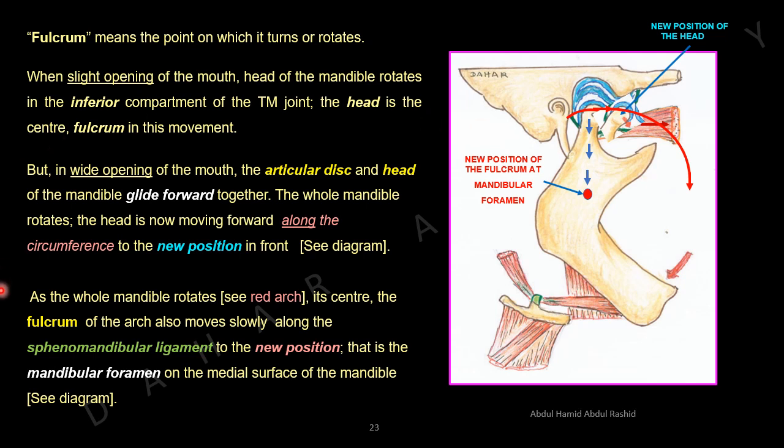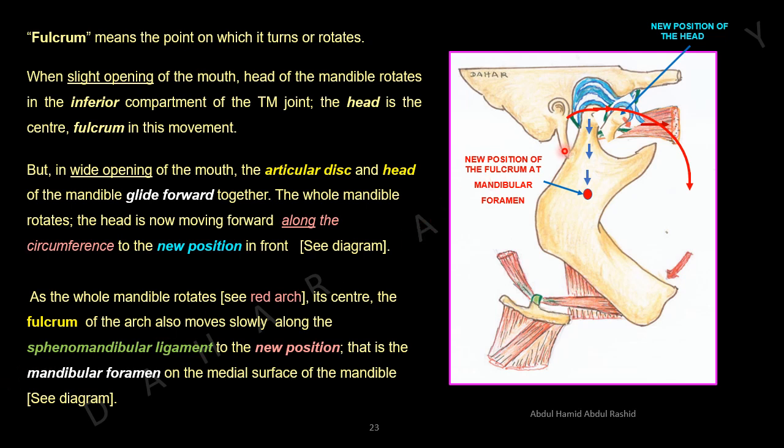As the whole mandible rotates, see the red arch, its center, the fulcrum of the arch, also moves slowly along the sphenomandibular ligament to the new position, that is the mandibular foramen on the medial surface of the mandible.